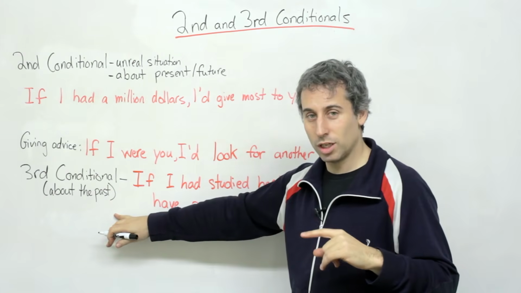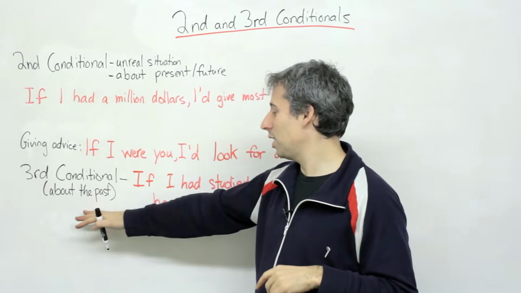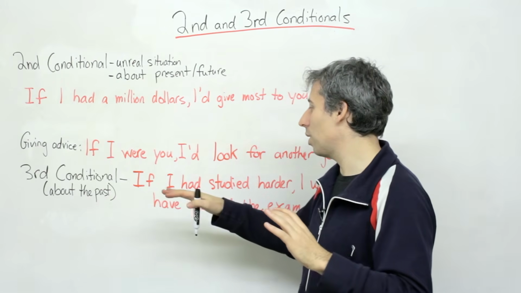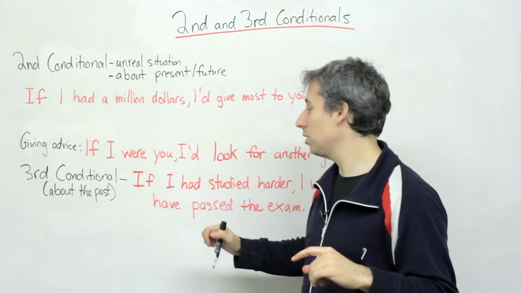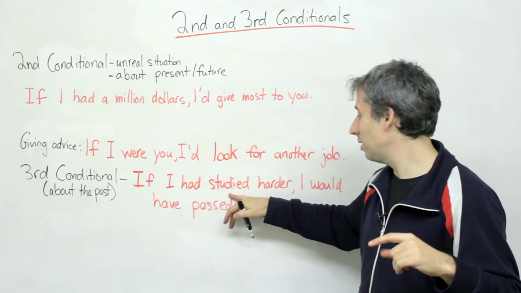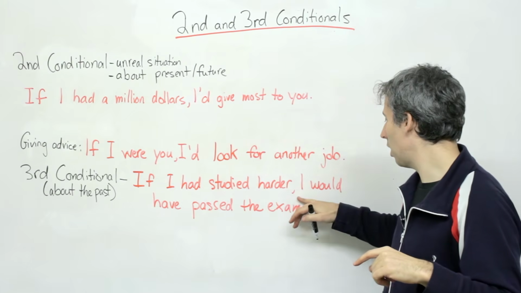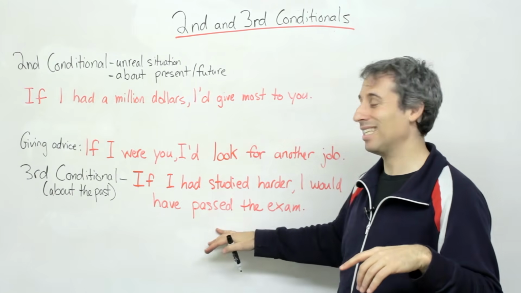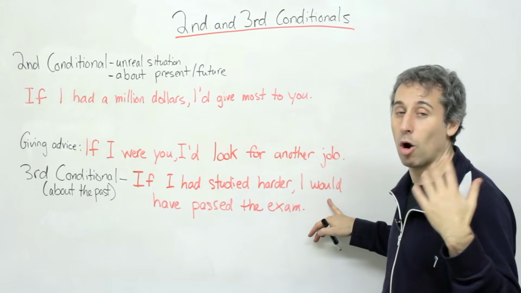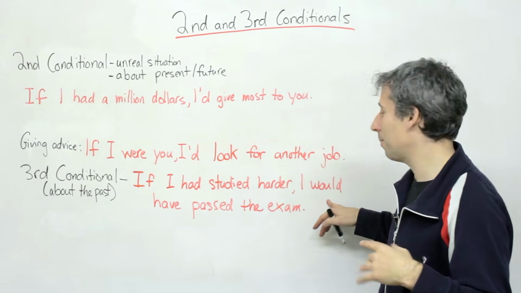So going to the third conditional, it's about the past. The structure is a little different. So it's, if I had studied harder, I would have passed the exam. Okay? Or I could have passed the exam, or I might have passed the exam.